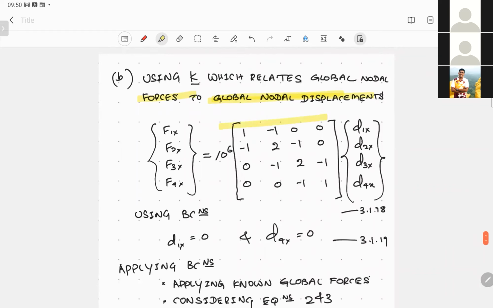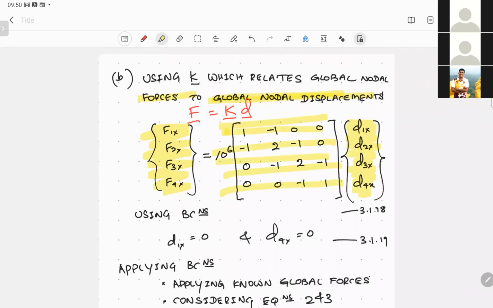Here we can write it using this equation. The total force applied on the structure is nothing but the global stiffness matrix multiplied by the nodal displacements of the structure. On the left hand side, you write the global forces applied, and on the right hand side, you have the global nodal displacement vector, which is related via the global stiffness matrix.